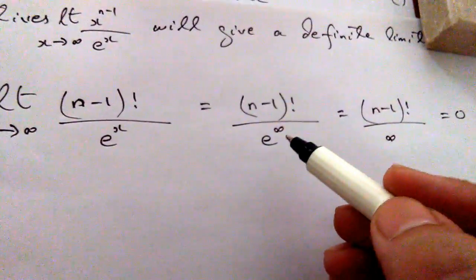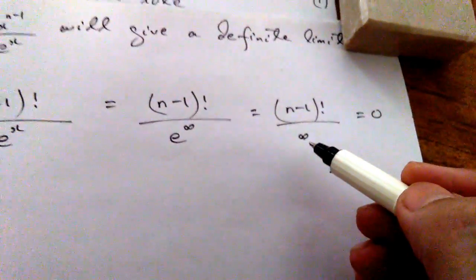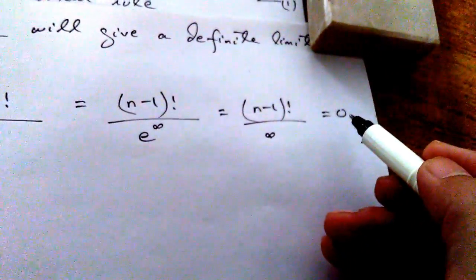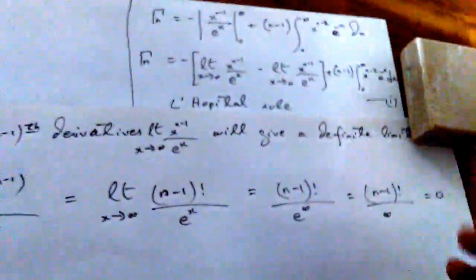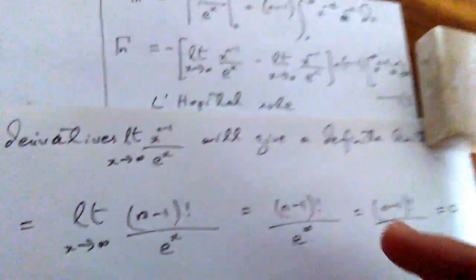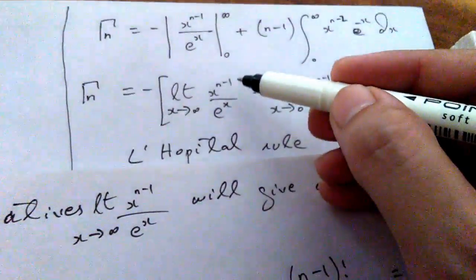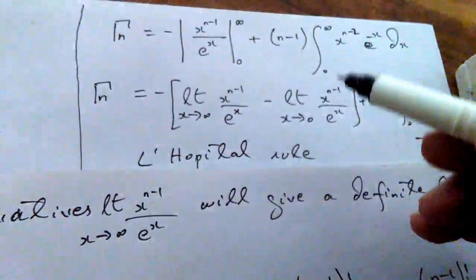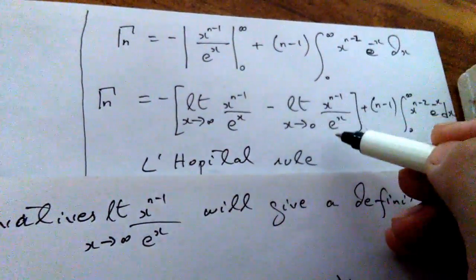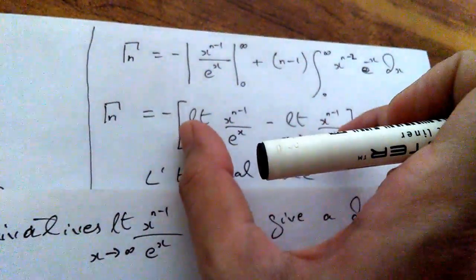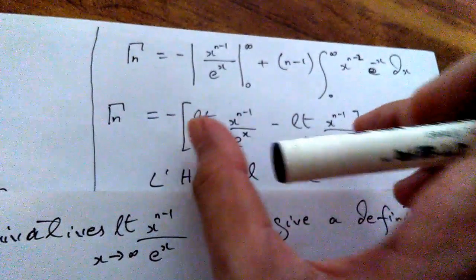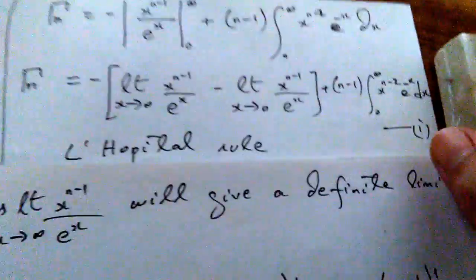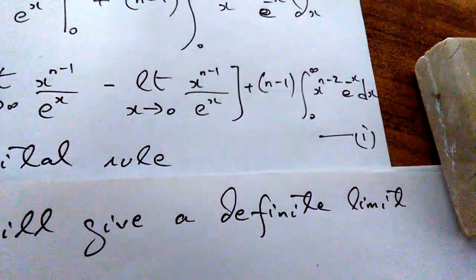Then we applied the limit, and we have infinity in the denominator, which reduces to the answer 0. So we have obtained a definite answer for the limit on this part, which is 0. And this other part was already 0, so this completely turns into 0. This is your equation number 1.